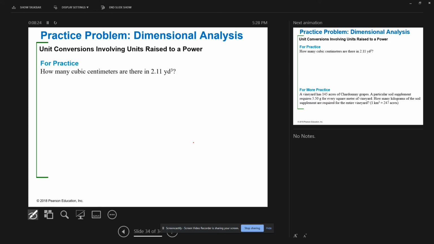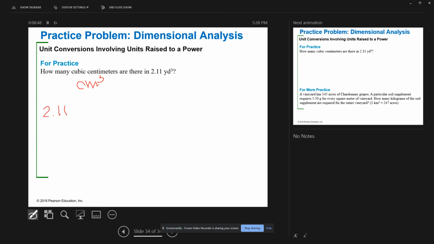Using those same units, I just want to give you another example here. If you have to cube things or square things, it says how many cubic centimeters, so that's centimeters cubed, are there in 2.11 yards cubed? So we know how to go from yards to meters.